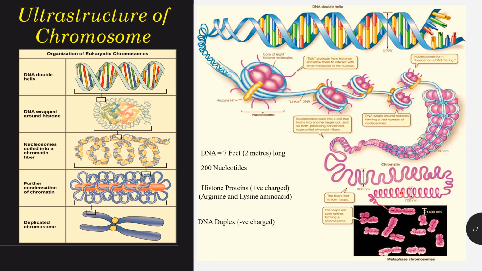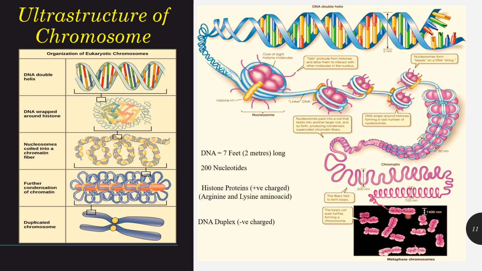And then the tight coiling of the fibers produces the chromatid of the chromosome. और finally ये tight जब coils बहुत एक दूसरे के करीब आ जाएंगे और tight हो जाएंगे, तब ये क्रोमैटिड बना लेंगे, एक क्रोमोसोम का क्रोमैटिड बन जाएगा.